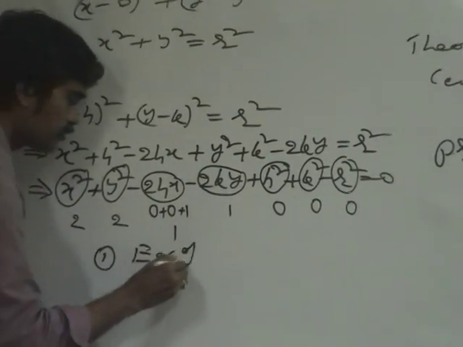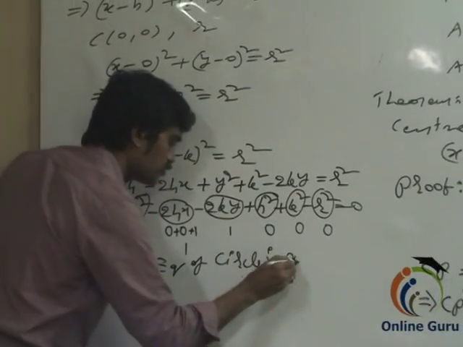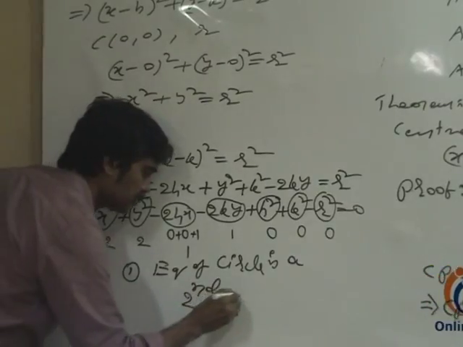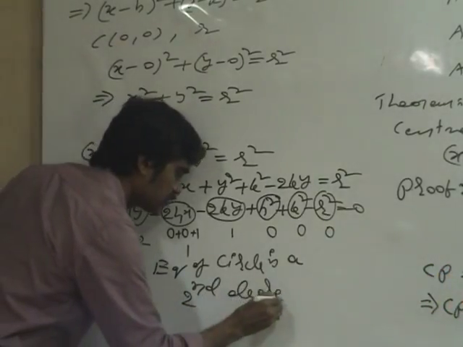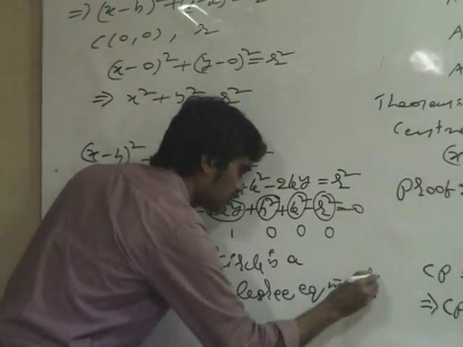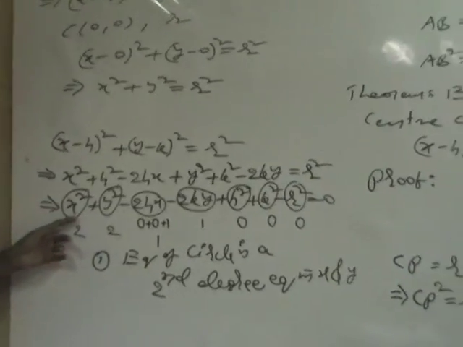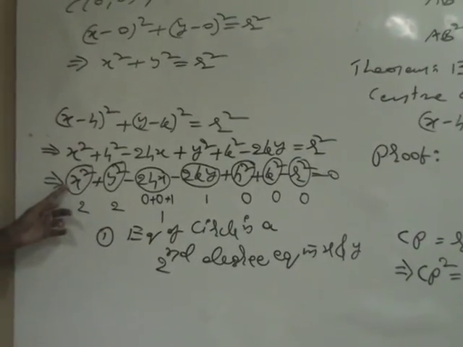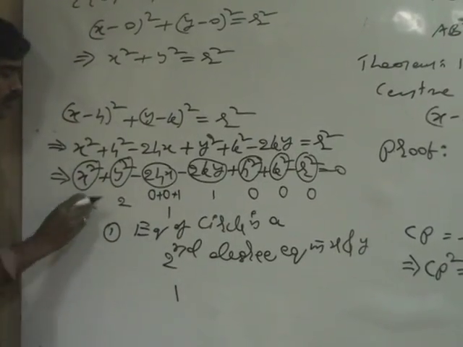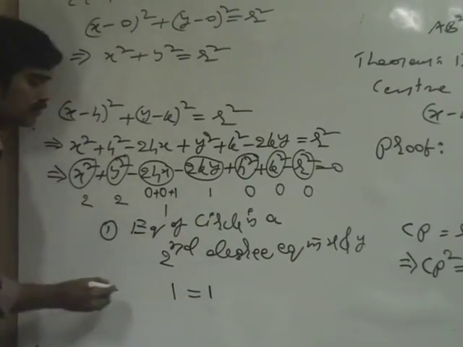Equation of a circle is a second degree equation in x and y. Once again, see this equation. In this equation, the coefficient of x square is 1 and the coefficient of y square is 1, 1 equal to 1.